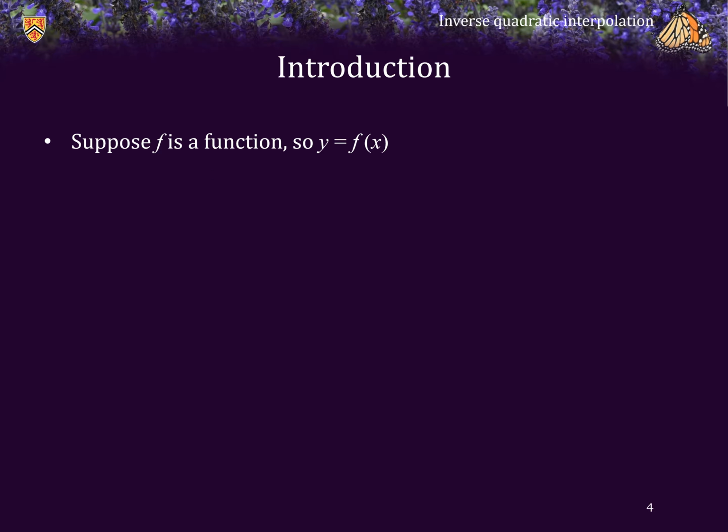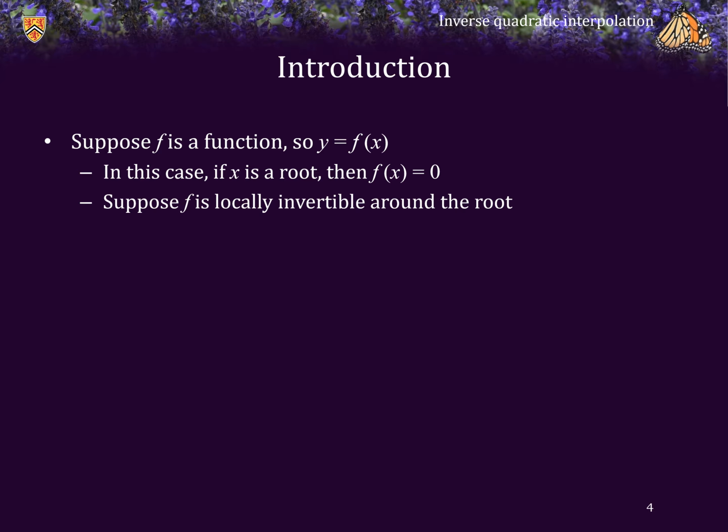Now let's suppose that f is a real valued function of a real variable. So y is equal to f at x. x and y are real. In this case, if x is a root, then of course f at x is equal to 0, obviously. However, suppose that f is locally invertible around the root, and therefore we can write x as a function of y in the vicinity of the root.